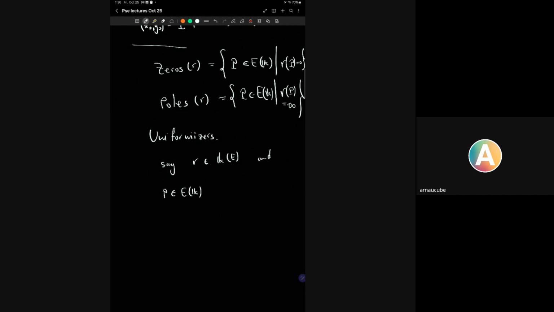Let's say we only care about zeros and poles, such that P belongs to the set of zeros and poles of R. And now I want to define the multiplicity of P with respect to R, or the multiplicity of R at P.